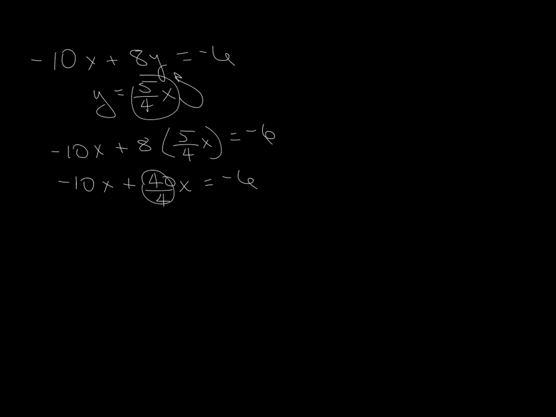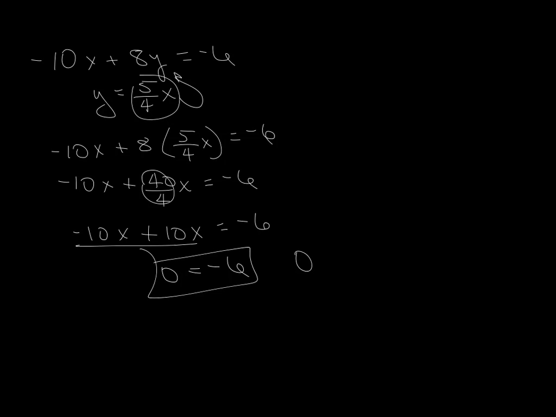Alright, and we're going to change that to a 10. -10 plus +10 is 0. And does that equal -6? No, it doesn't, so there is no answer to this problem.